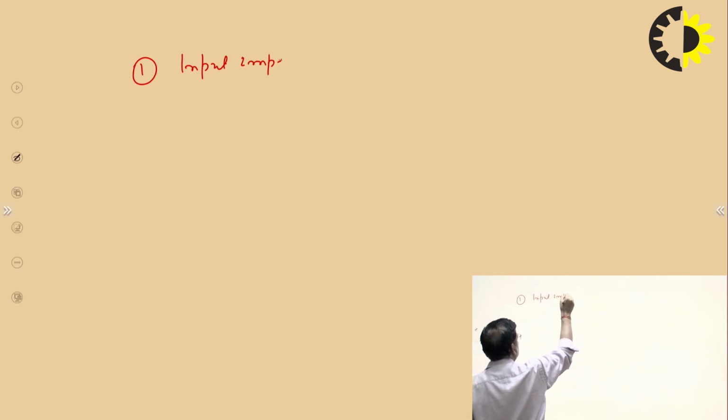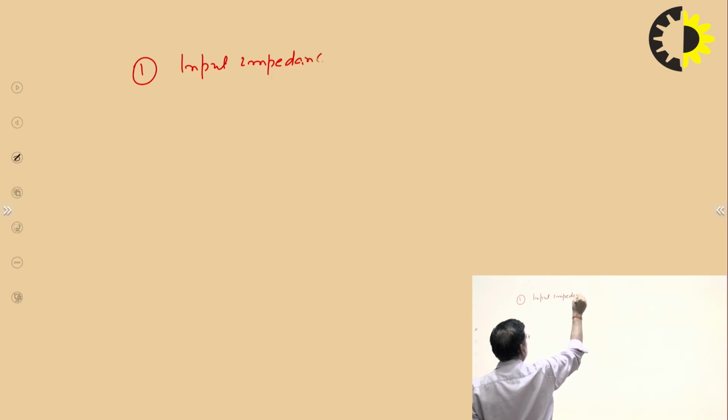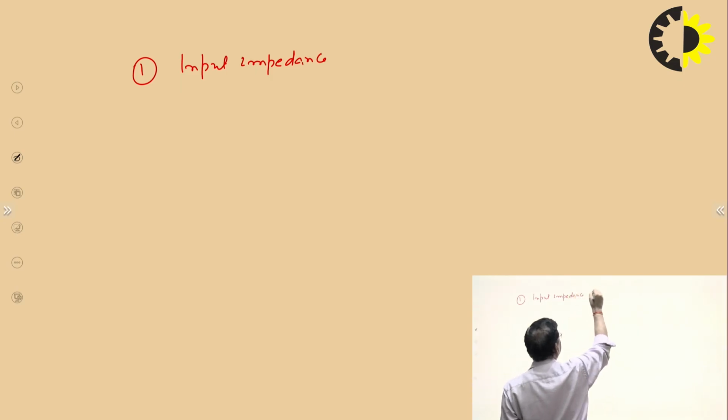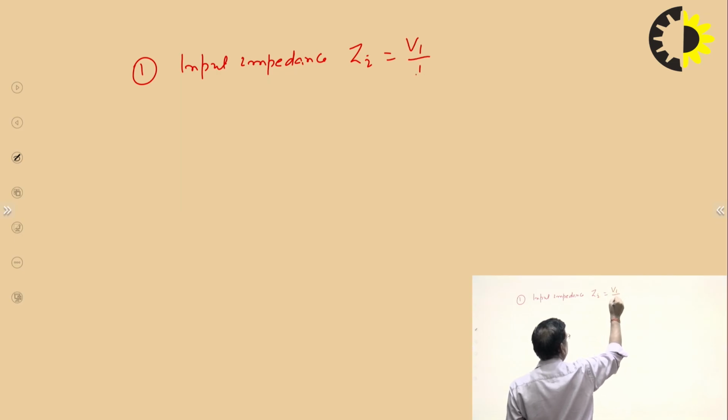With the help of these three equations, we have to find the input impedance, which is Zi given by V1 by I1.